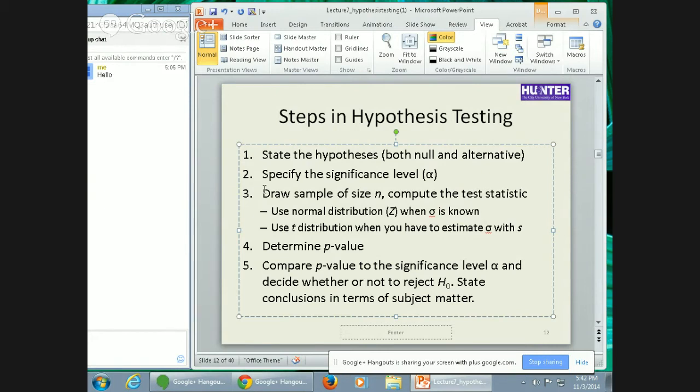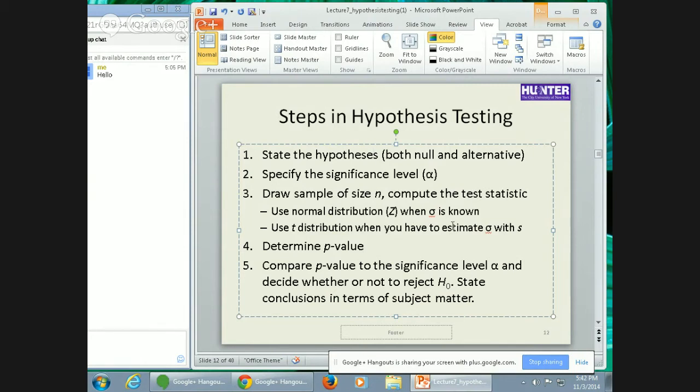It might be a z-score if your sampling distribution is normal, such as for a proportion with n greater than 30, or for when sigma is known. Whereas if it's a continuous variable and a small sample and you're estimating standard deviation from the sample, it'll be a t-distributed statistic.